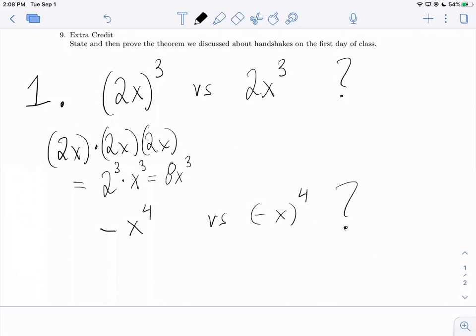Those two aren't equal mainly because the one in parentheses is negative x to the fourth, that will eventually turn into positive x to the fourth. On the other hand, you have the negative, so it's technically -1 times x to the fourth. Nice. Exactly.